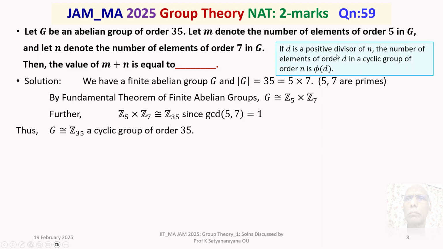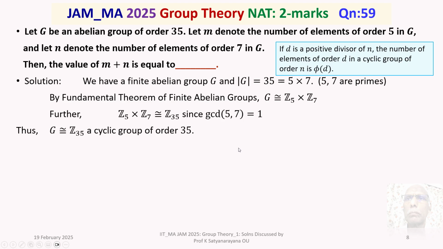If D is a positive divisor of N, where N is the order of the group, the number of elements of order D in a cyclic group of order N is phi of D. So it is 35. 5 divides 35. 7 divides 35.